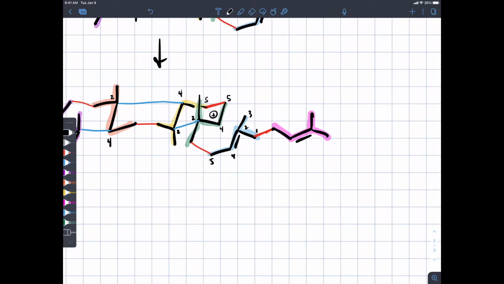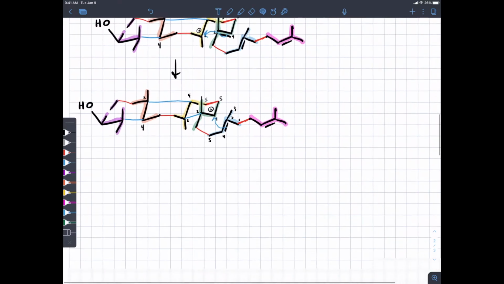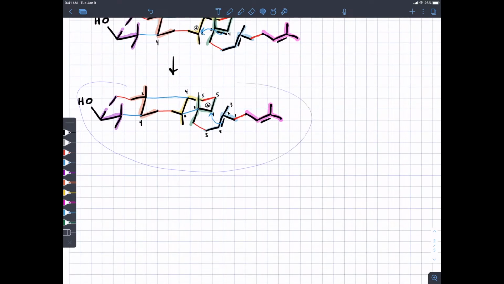We're going to have the pi bond here attack carbon 4 to make a new bond between green 4 and blue 4. And when we do that, that's going to give us, oops, that's not what I wanted.